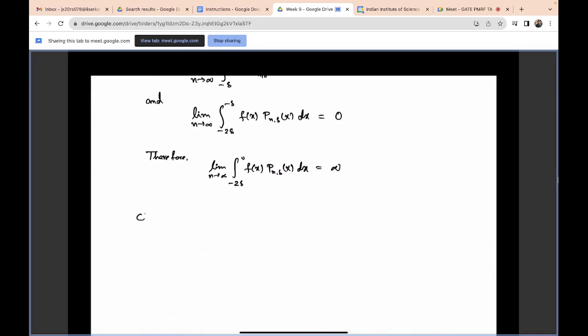So for option C, you have to find limit n tends to infinity, minus delta to delta, f(x) p_n,delta(x) dx.